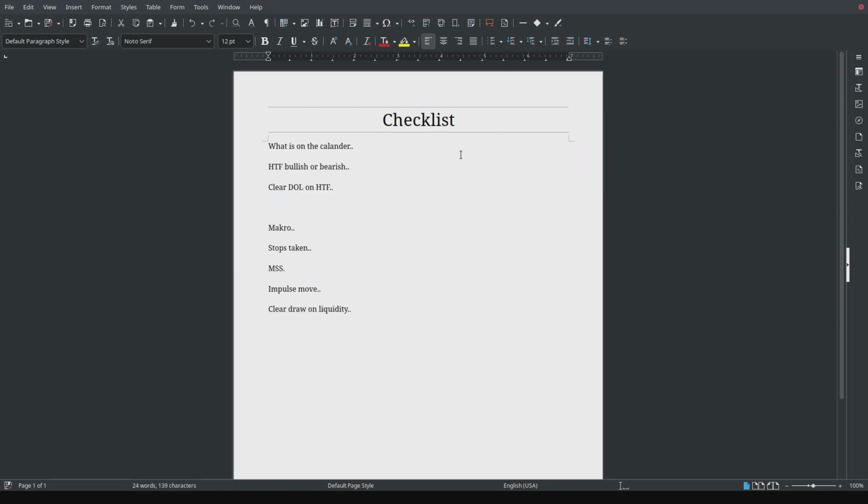So that would be your first filter. And that reminds you to go take a look at the calendar, get you into that habit.